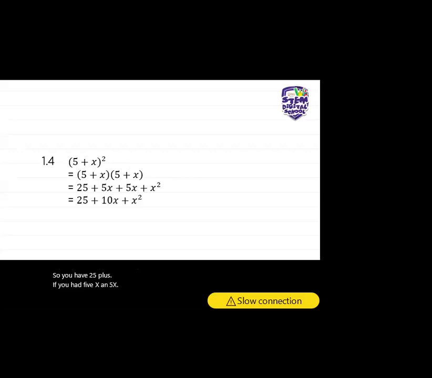That is the collection of like terms. And then, of course, you also have x squared. So basically, you have 25 plus 10x plus x squared. That will be the final expression.